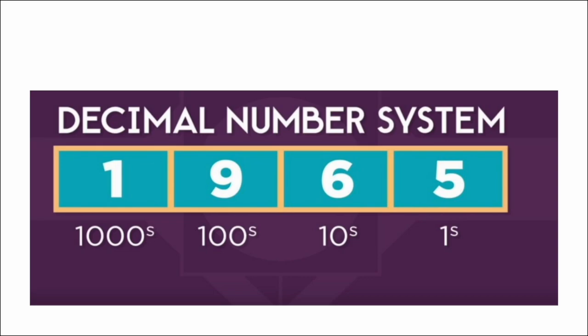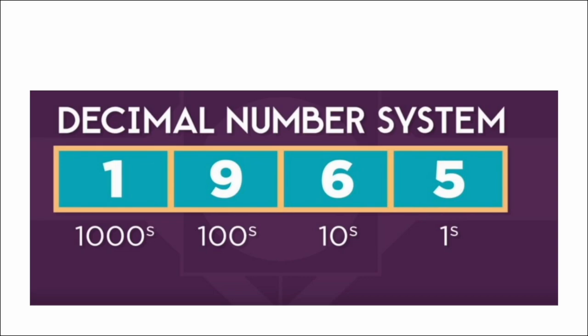And another interesting thing, how many different digits do you have in the decimal number system? 10, 0 to 9. How many different digits do you have in the binary number system? 2, 0 and 1.